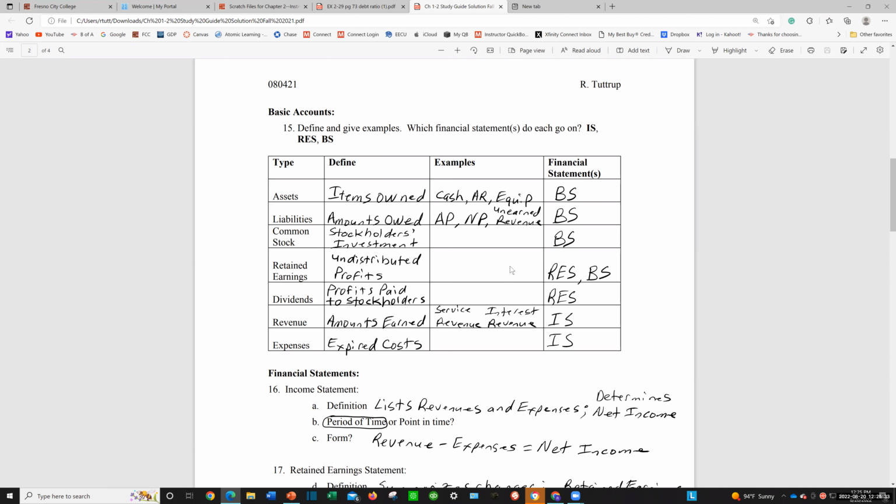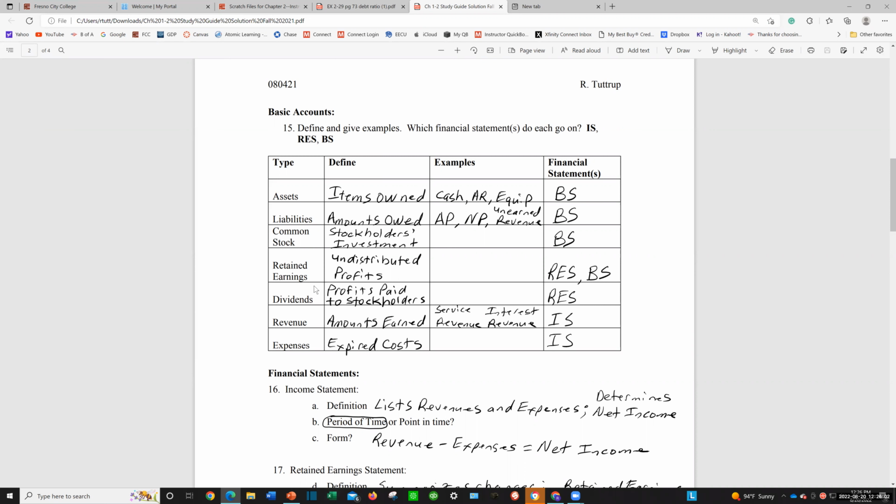This is what kind of blows your mind, but there's a retained earnings statement where you'll see the retained earnings. And remember, the ending retained earnings is going to flow to the balance sheet. So this is the one account that you'll see in two places, both the retained earnings statement and the balance sheet. That's the only one that you will see in two places.